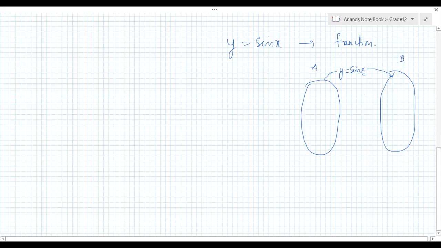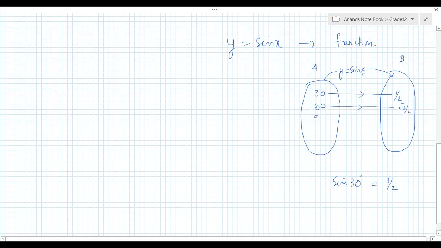And what is y? If you take a simple example, x equal to 30, then sine of 30 as an angle is going to give you some value. Sine 30 is nothing but half. So the value 30 is mapped to half. 60 is mapped to root 3 by 2.